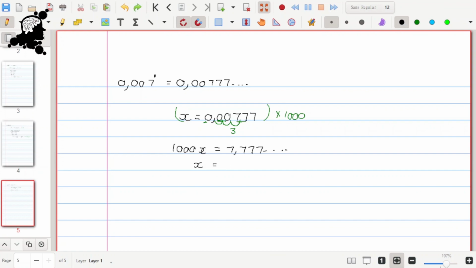This is going to be 0,00777. And now we can go ahead and subtract this. So I'm going to put my subtraction right there. This is going to be 999x is equal to. Let's see.